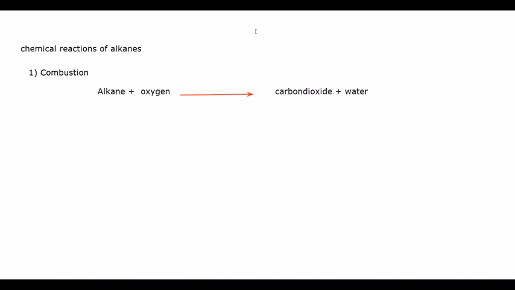And the general formula of alkanes, as we know, is CnH2n+2. So if you are burning an alkane C2, which contains 2 carbon atoms, how many hydrogen atoms will be there in this alkane?